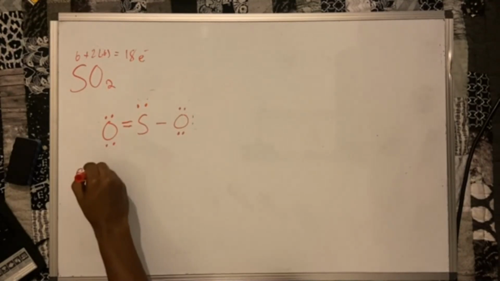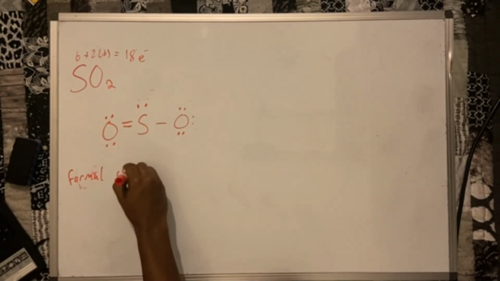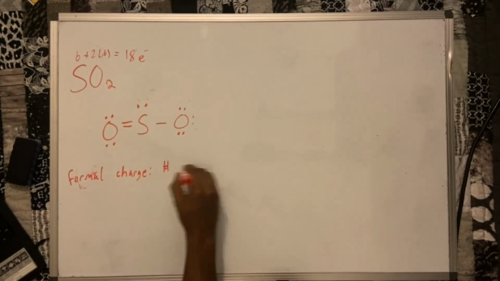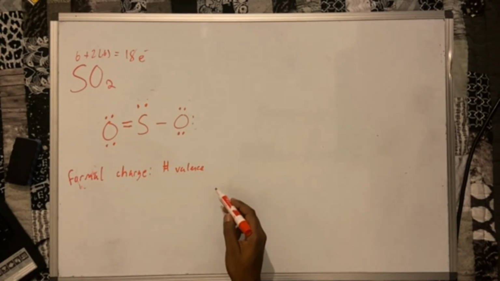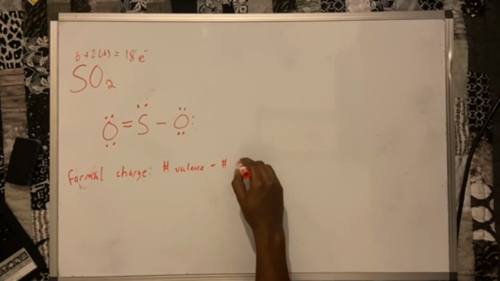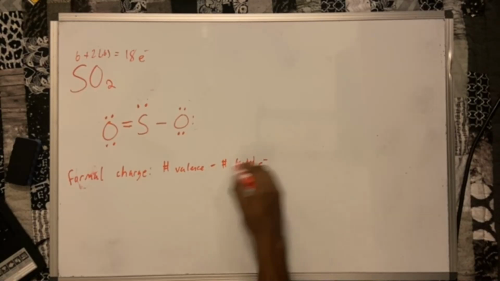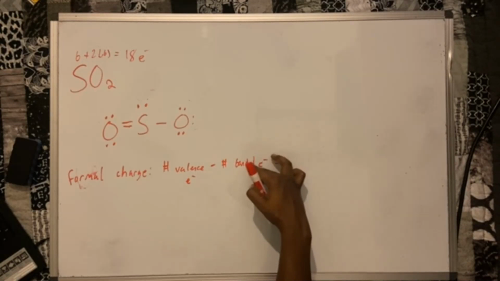For formal charge, it's going to be the number of valence electrons minus the number of bonds.